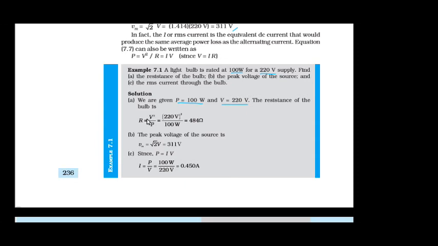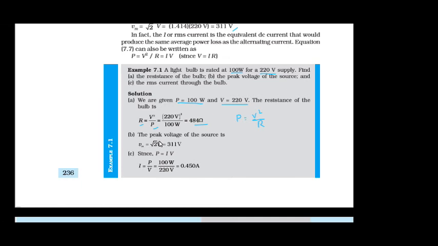Resistance of the bulb, we know that P is equal to V square by R. So we can write R is equal to V square by P. Putting the value of V and P, we get the answer.